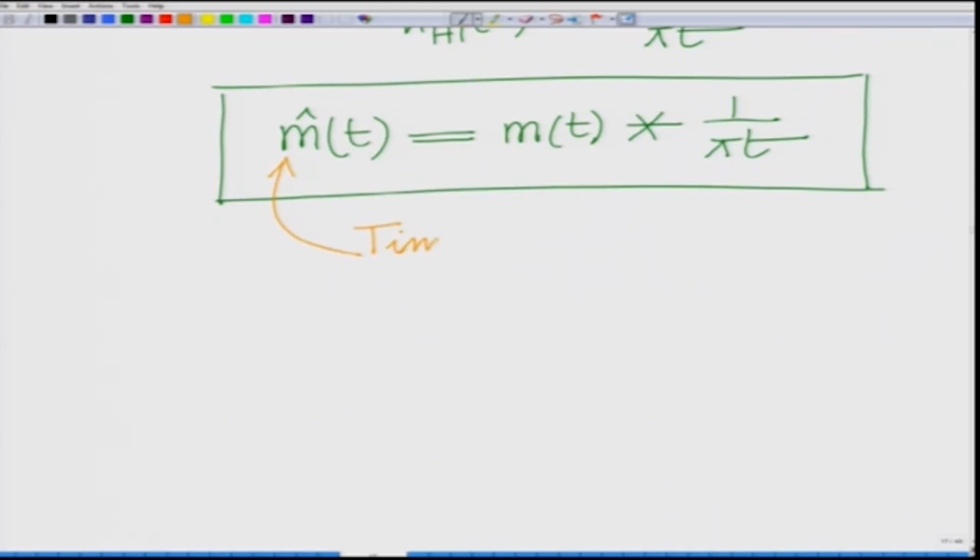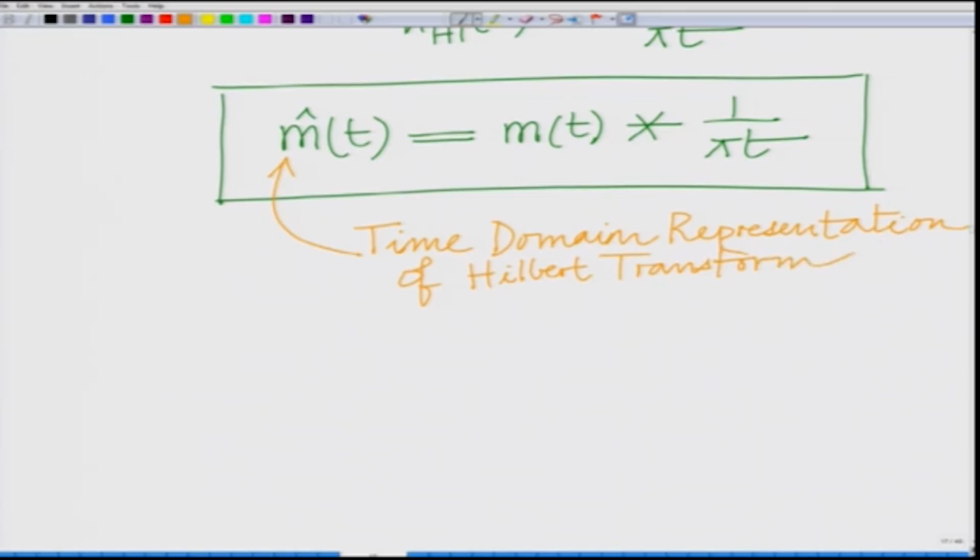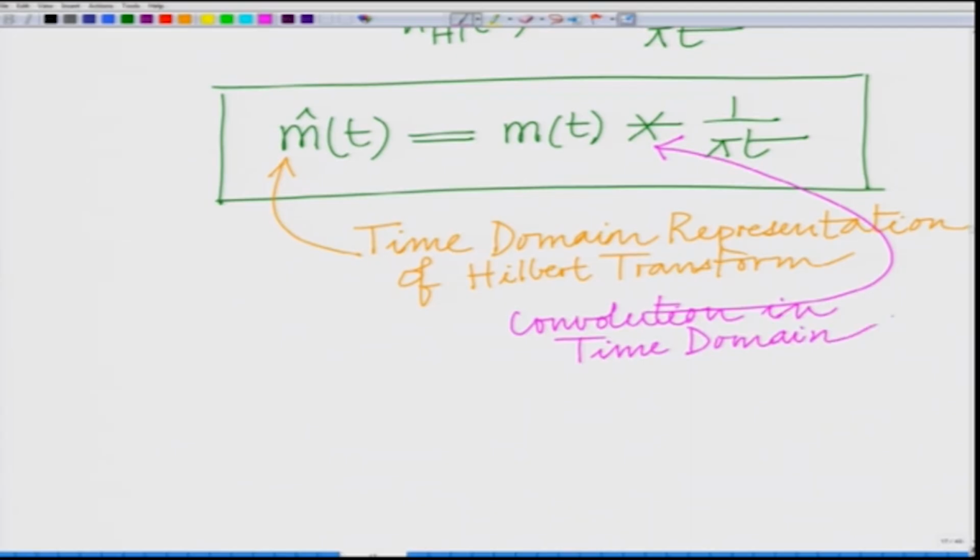This is the time domain representation of the Hilbert transform, and this is, remember, convolution. This is a time domain representation, therefore, it is a convolution in the time domain, that is, convolution of the input signal with the impulse response.